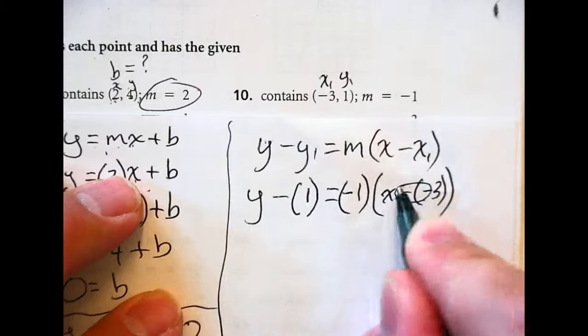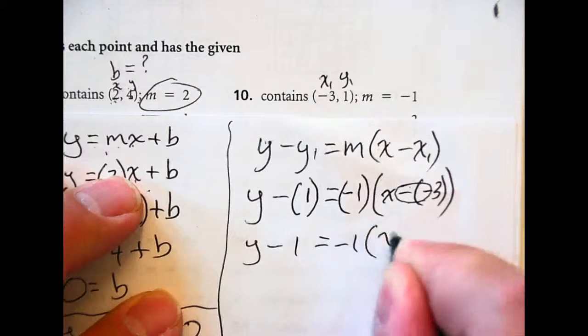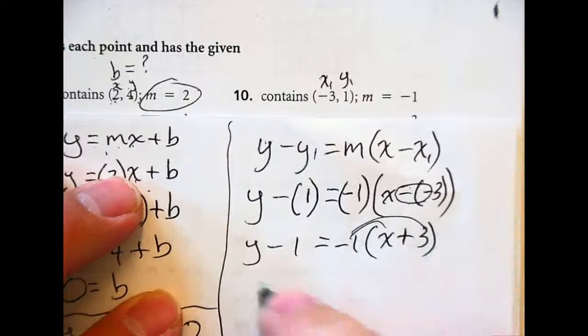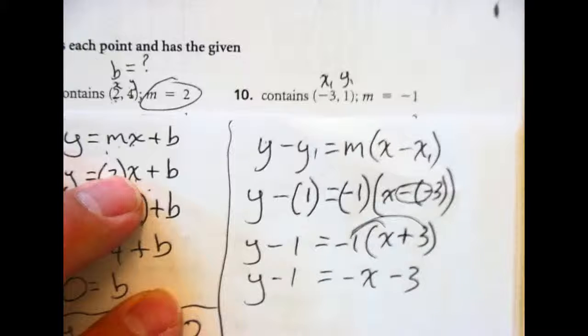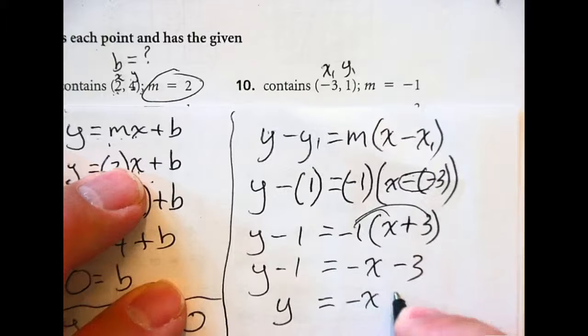So you have negative 1 times x plus 3 there. Distribute. You get y minus 1 equals negative x minus 3. What do we do now to get y by itself? Add 1. y equals negative x minus 2. That's our equation.